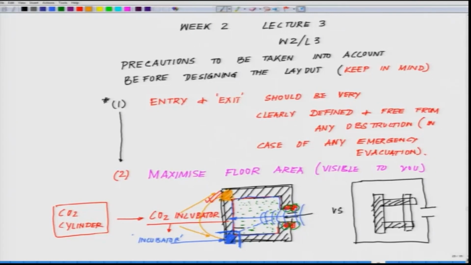Now, whether you put it in corner A, so let's say D, and this is the entry E. Whether you place it at A or at D, in that case the countertop you are making will be discontinuous out here, and there should be enough space to keep the cylinder.